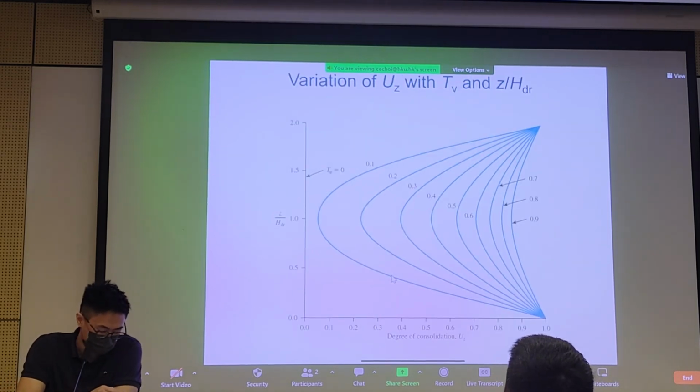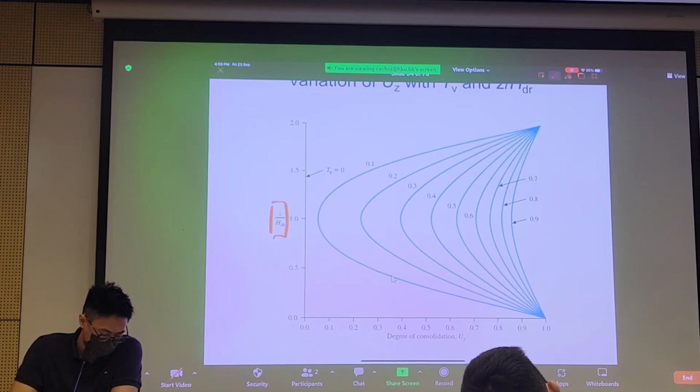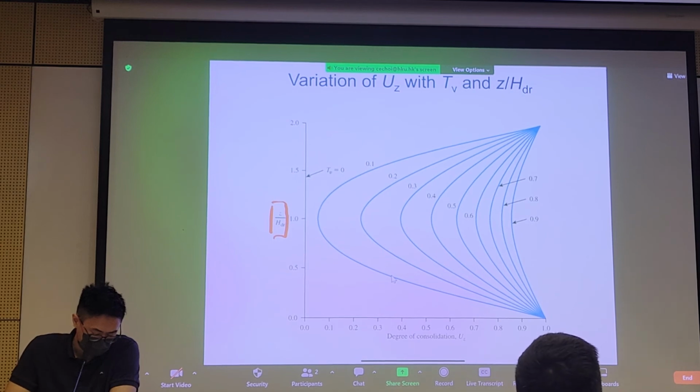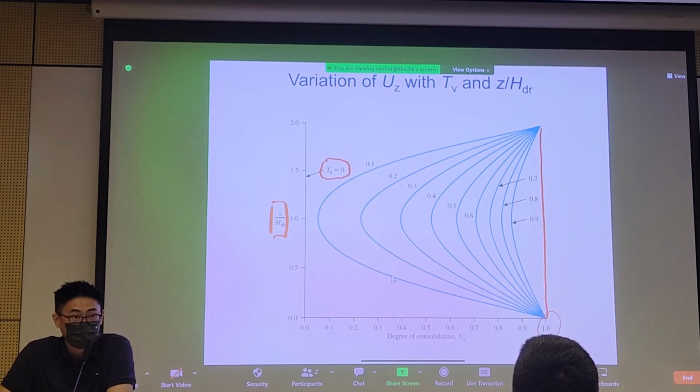Well, before we talk about that, yes, you can look at the depth of a soil layer, right? So here is some normalized depth Z over the entire drainage area, and you have typical drainage profiles, right? T V equals 0 means just start of consolidation, and if you have TV of some infinite value, then you finish the consolidation, right?